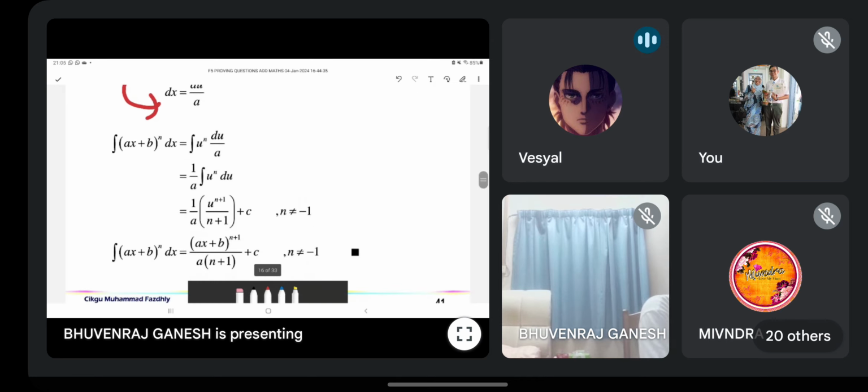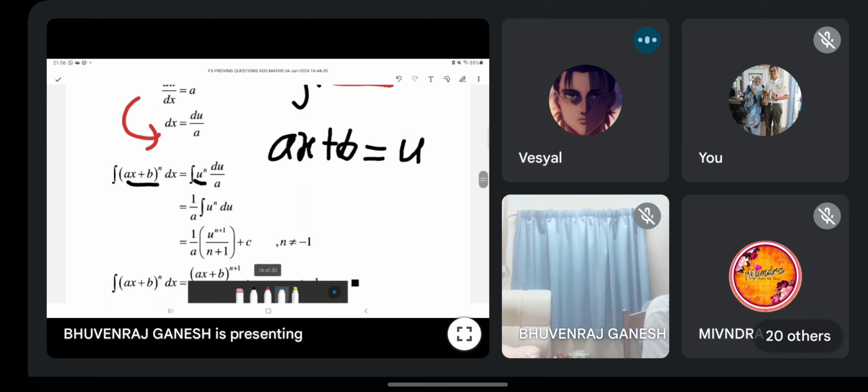So our next step is we're now actually going to be integrating. We want to switch this part here, ax plus b power n, to get our formula in the end. So first things first, ax plus b equals u. That means the integral of u to the power of n, we will replace it, and dx will be replaced with du over a.